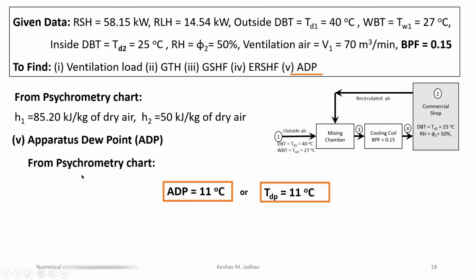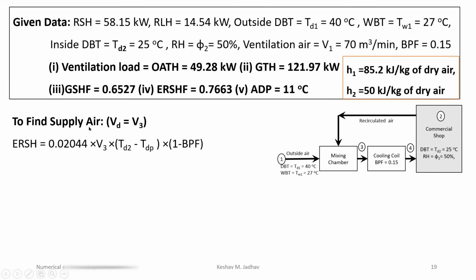Now, suppose we have to find out the supply air quantity. That is, after mixing at point 3, how much quantity of air is passing over the cooling coil. To calculate that, we have formula effective room sensible heat is equal to 0.02044 into V3, where V3 is the quantity of supply air in meter cube per minute, into TD2, that is dry bulb temperature at point 2, minus TDP, that is apparatus dew point temperature, into 1 minus bypass factor.